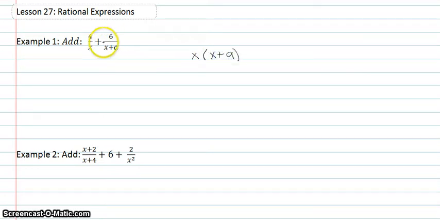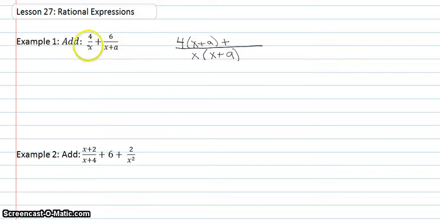So we're using all the elements we have, and many times we end up just multiplying them together, as we're doing today. Now the 4 doesn't have the x plus a, so I'm going to have 4 times x plus a. And I'm going to keep that as a plus.